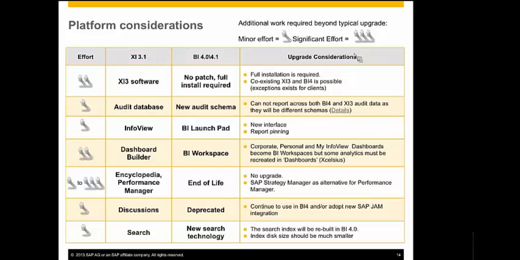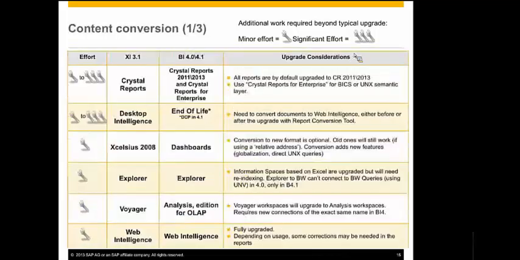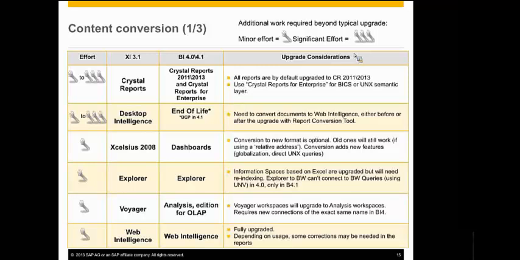Performance Manager itself has been continued as a new, different project within the SAP product suite, called SAP Strategy Manager, which is more capable of dealing with performance management requirements compared to the old performance management models, and therefore it was decided to just continue with the Strategy Manager product. This has been deprecated. It is still there, you can still use it, however we will not invest in it anymore.